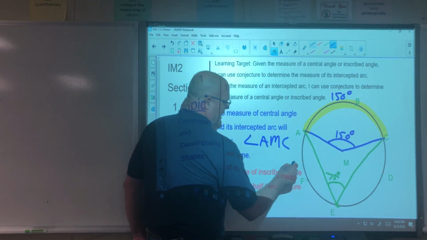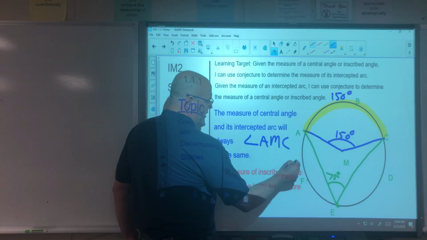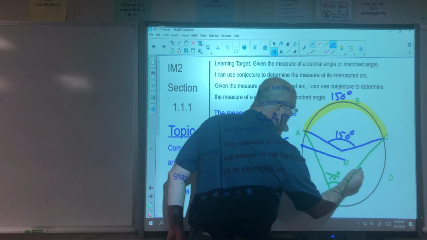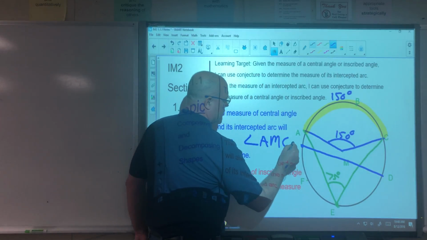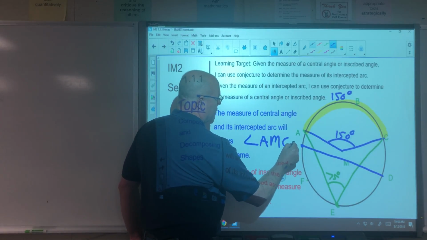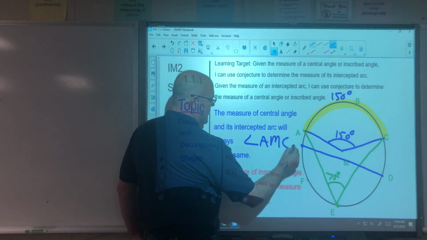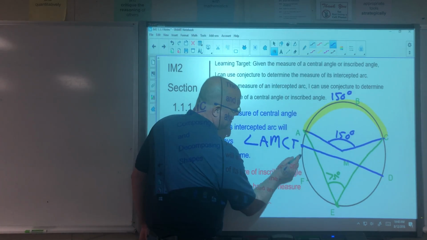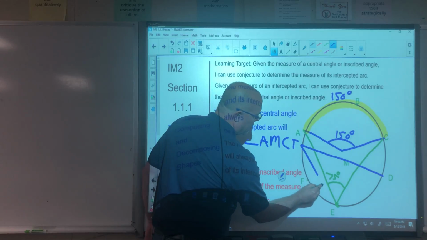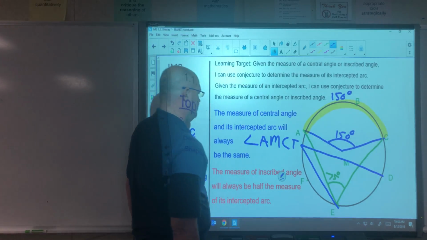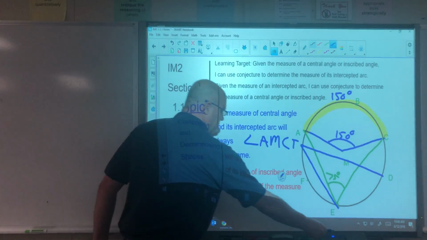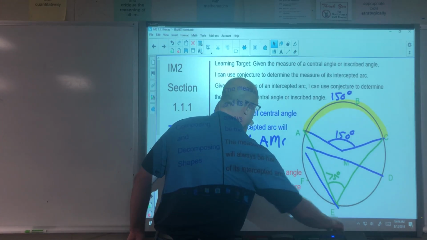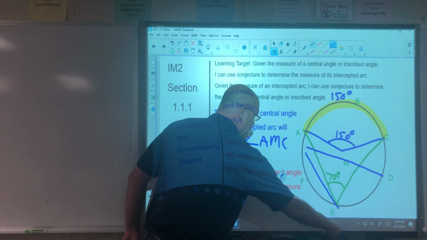So let's say I had another inscribed angle here going to D. I just made this up, so let's make this point T. All right, and then T goes to E. I should use a different color so it doesn't mess you up here.